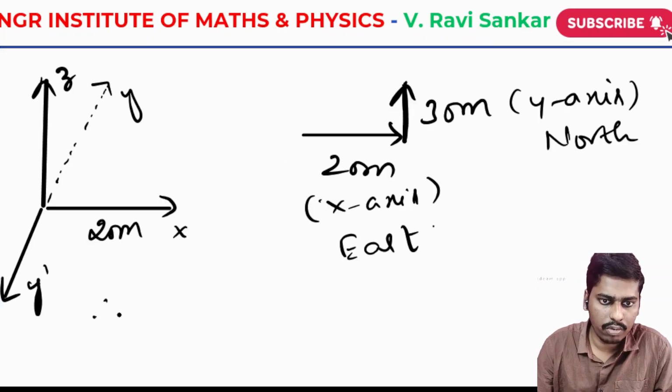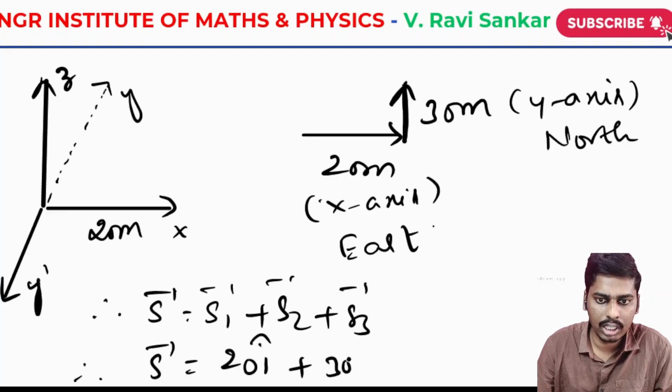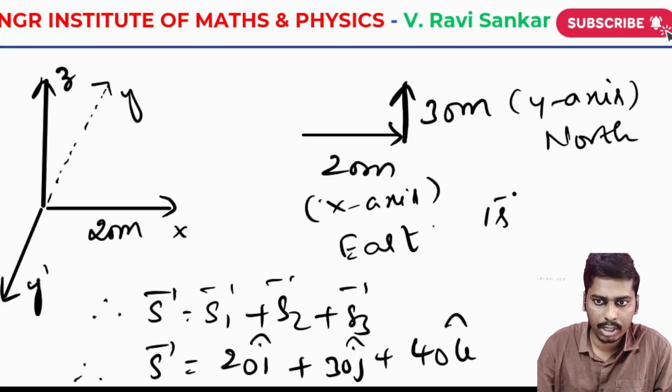So therefore, I can write the displacement vector is S1 vector plus S2 vector plus S3 vector. S vector equals 20 i cap plus 30 j cap plus 40 k cap. You just need to calculate the magnitude of the S vector.